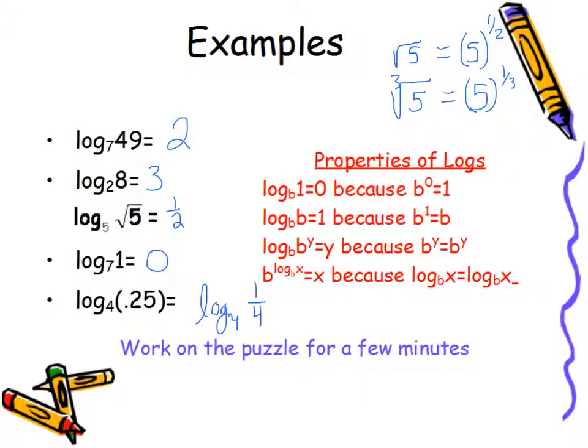Now I have to figure out what power to raise 4 to in order to get 1/4. Well, 4 to the first power gets me a 4, and if you recall, to bump that to the denominator, you have to make the exponent negative. So that would be equal to -1. If it was 1/16, it would be -2.